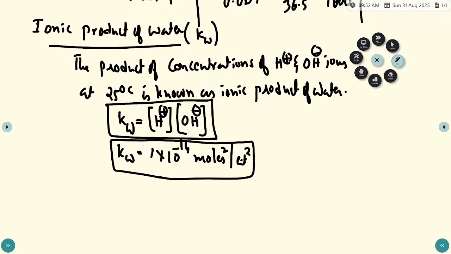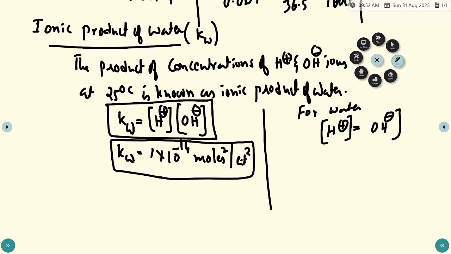And then, what is the concentration of H plus and OH minus ion? See here, for pure water, the concentration of H plus ion is equal to the concentration of OH minus ion.